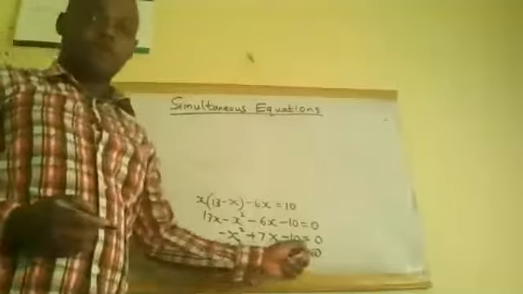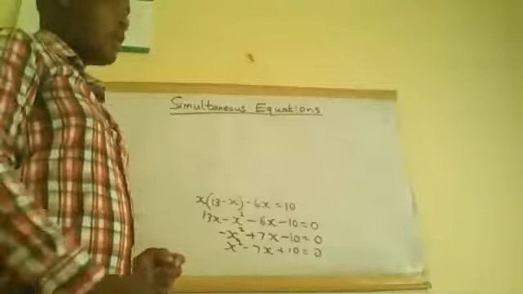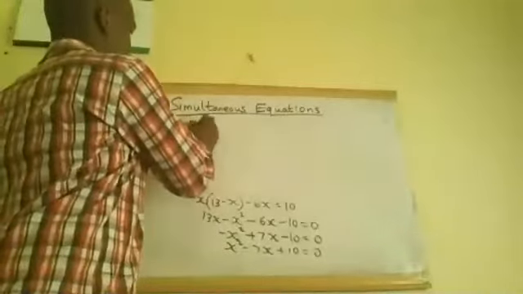So then you solve the equation. Two numbers whose product is 10 and the sum is -7. That's -5 and -2.